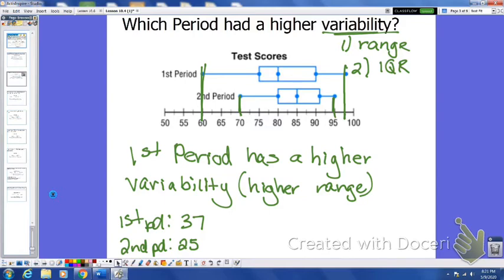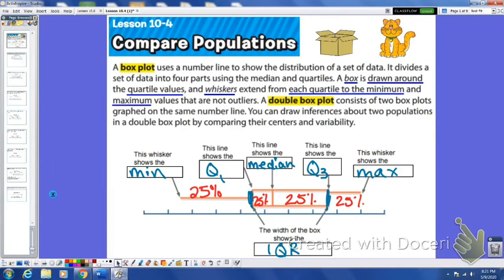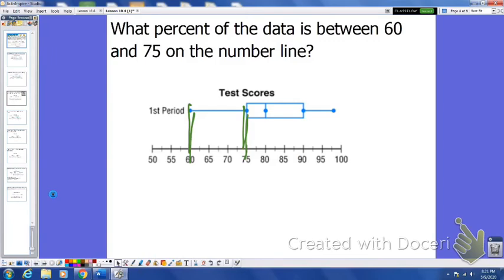Okay, so let's take a look at another question. What percent of the data is between 60 and 75 on the number line? So if I find my 60, that matches up with my minimum. My 75 matches up with my Q1. And if we remember back to here, we know that each one of these chunks accounts for 25% of the data.